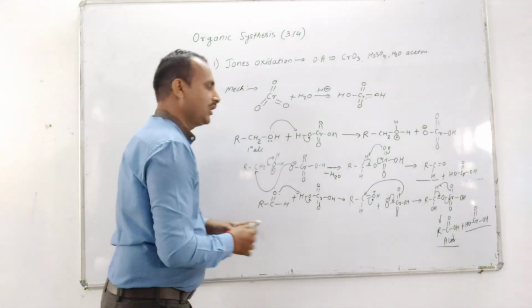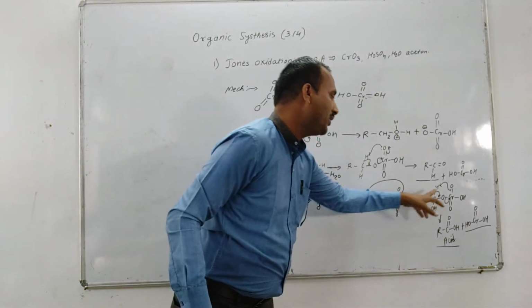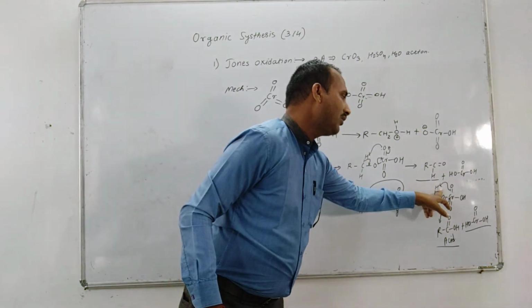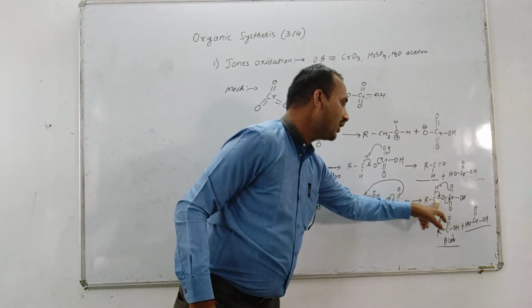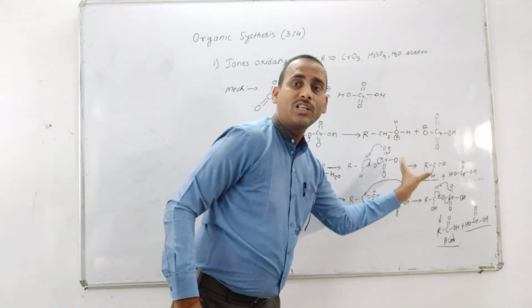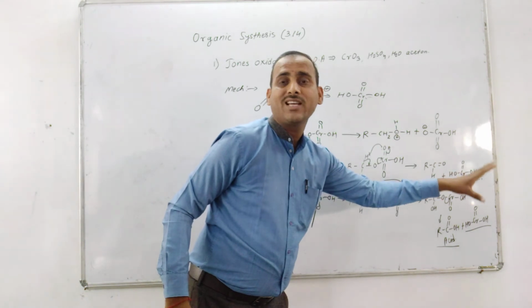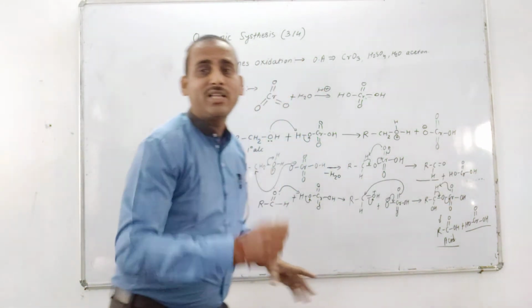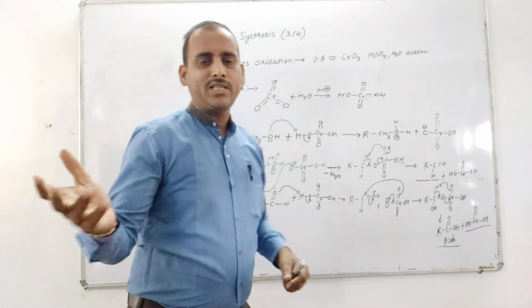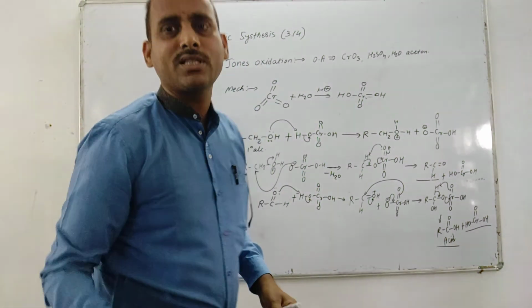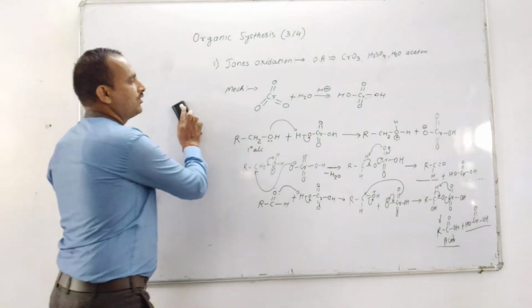For the abstraction of a hydrogen by the chromic acid, there is no hydrogen on the ketone molecule, and therefore the ketone does not oxidize further to carboxylic acid by the Jones reagent. Okay, let's take some more examples using the Jones reagent.